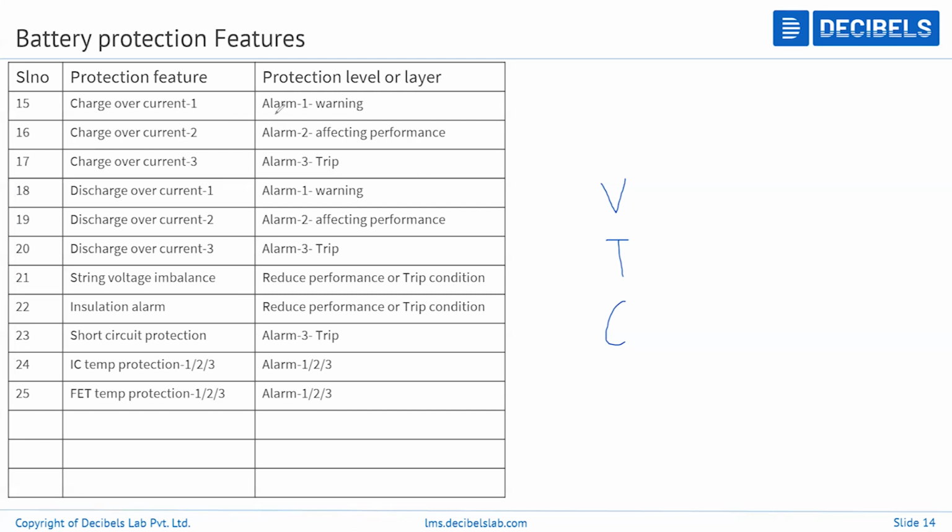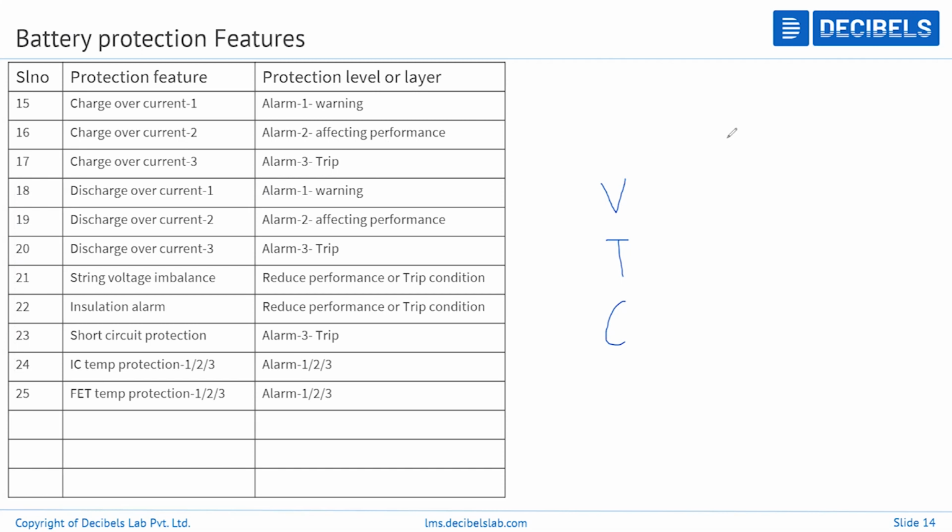Why these alarms, how have they been derived? In order to bring proper criticality within the BMS, these levels of warnings and affecting parameters have been introduced for all these parameters.